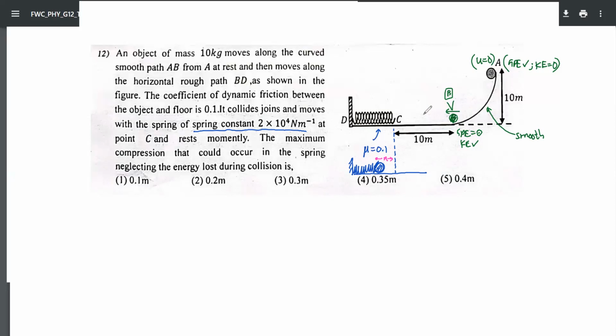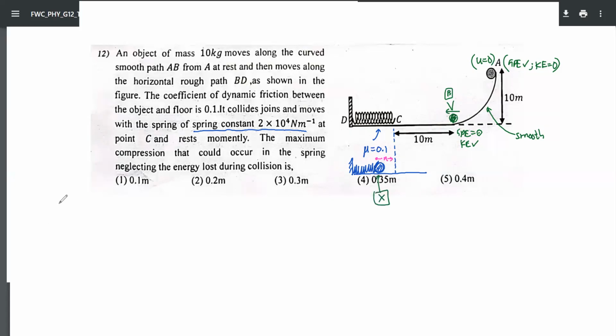And when you go from B to this final point, all the energies disappear. It had kinetic energy here. When it comes here, it has nothing. Why? It is losing energy in two ways. One is because of friction. Second one, it's converted to elastic potential energy. Okay, so I'll write an equation, see if it makes sense. I'll take this point as point x, final point.